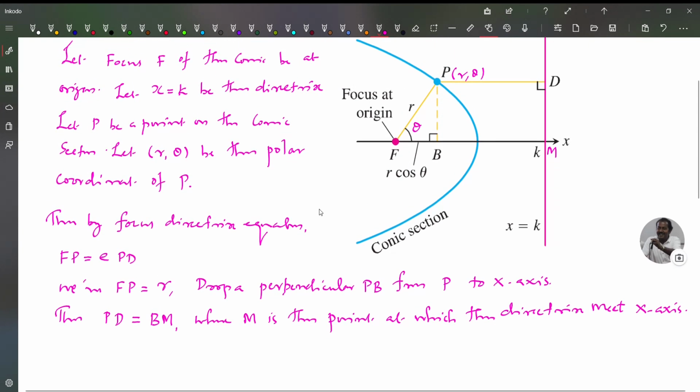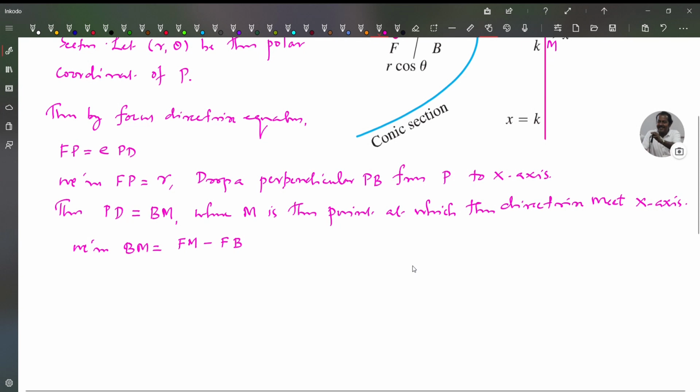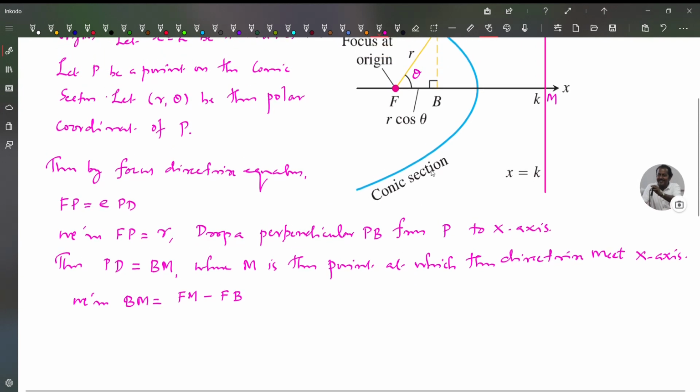From the figure, BM is equal to FM minus FB, and FM is equal to k, since the distance from the origin to the line x equal to k is k.